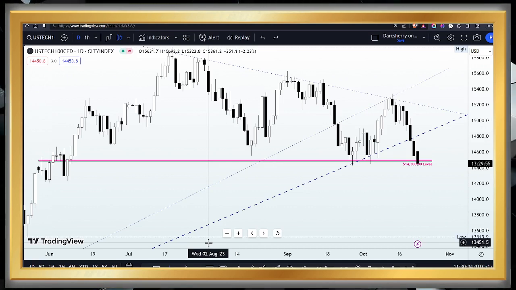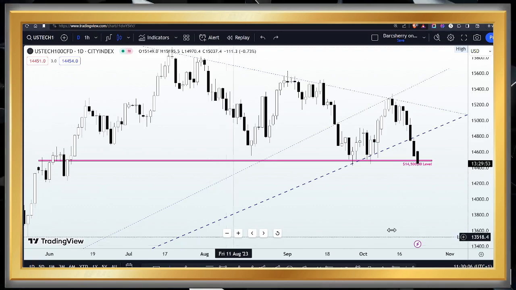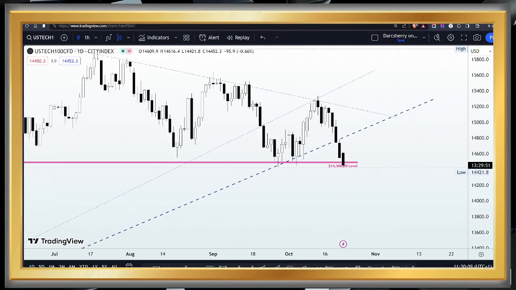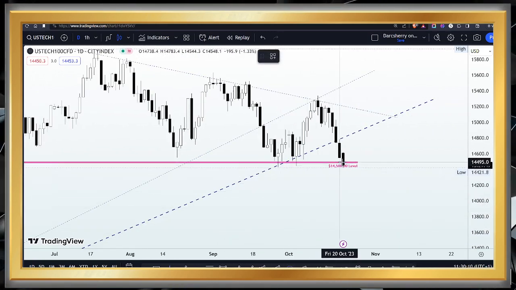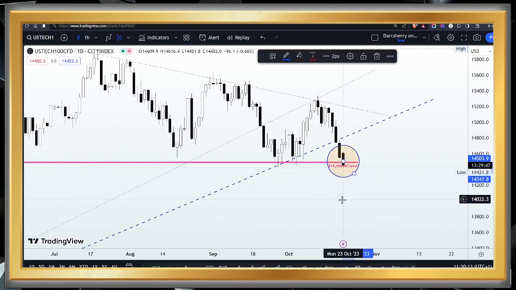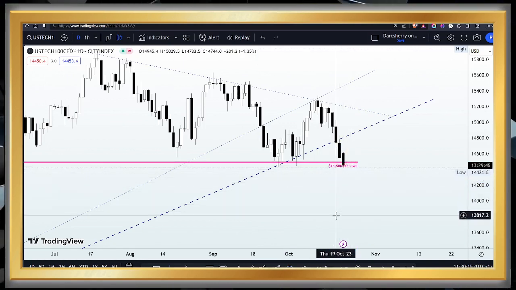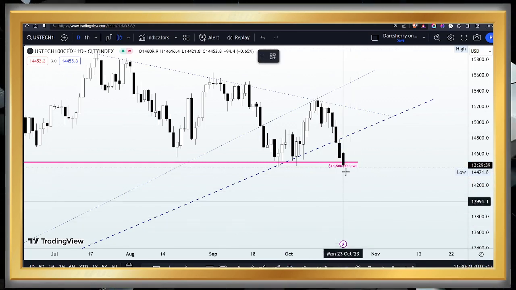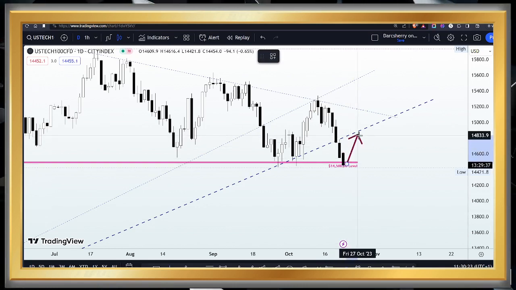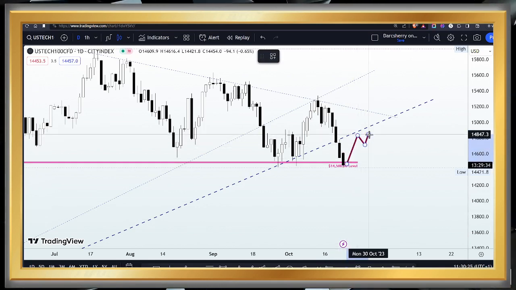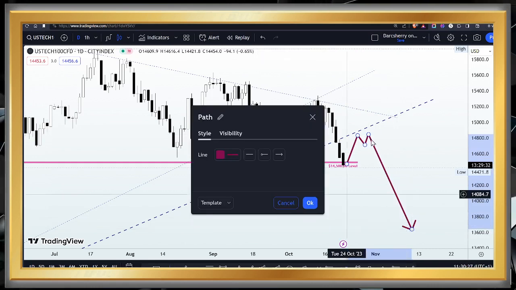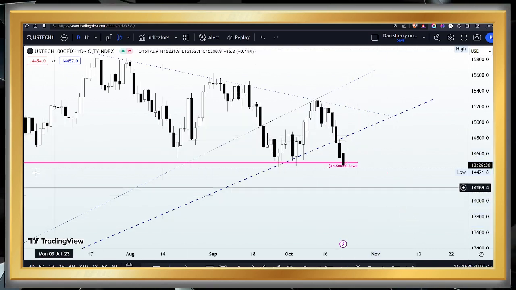Now, before we scale down into the 1 hour time frame where we want to see how participants in the market have been reacting to this key level, we also want to take into consideration that buyers could come in at some point with a short-term view to retrace back into the ascending trend line that was broken, inside the downtrend scenario. So we are going to be taking all this into consideration.